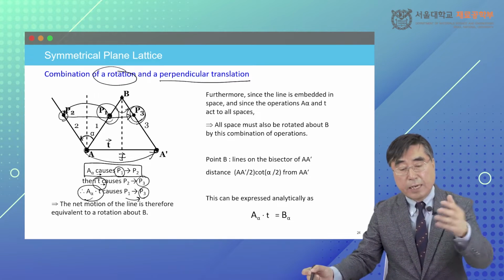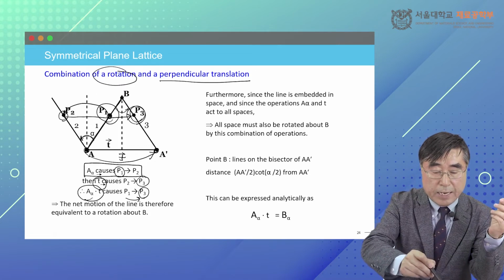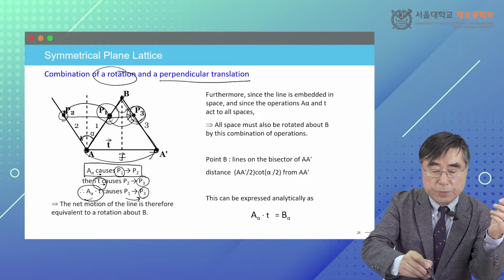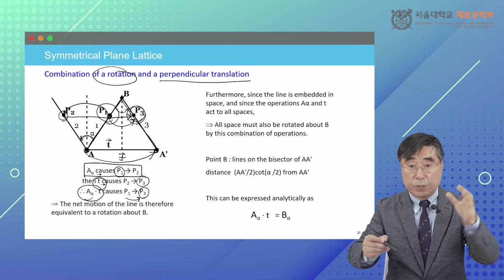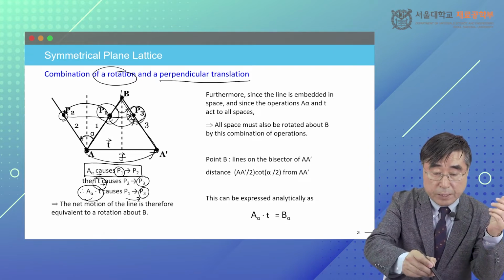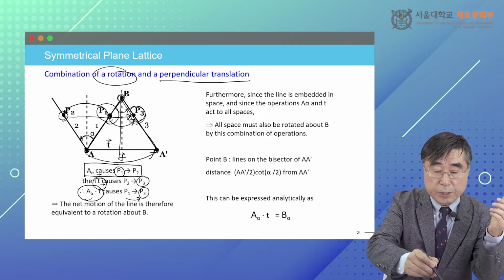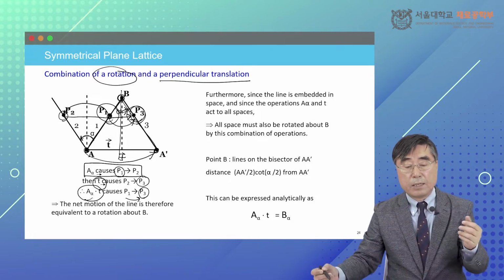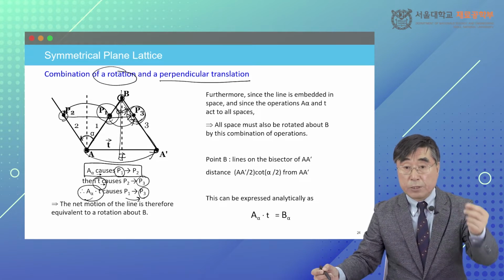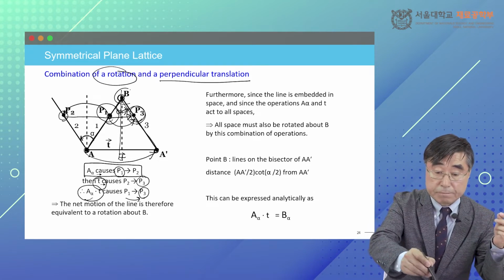In these diagrams, if we draw the lines in here, then this P1 goes to P3 by the rotation and translation, which is the same as one rotation operation by the angle alpha at a certain point B.